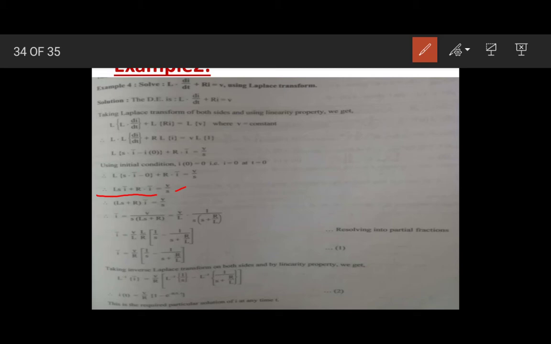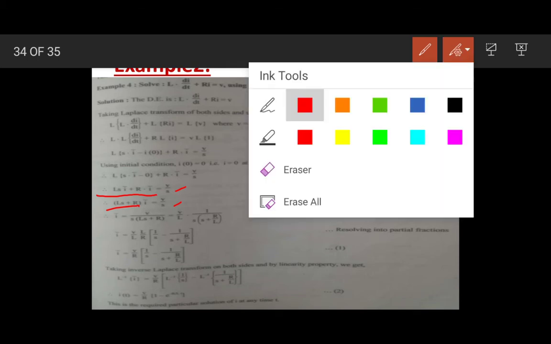Okay. Now I am taking i bar as common, so I will get (L s plus R) i bar is equal to V upon s. Okay. Now after getting this, I have to take only i bar on the left hand side, and we will take all other terms on the right hand side.